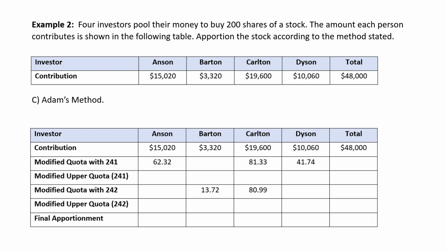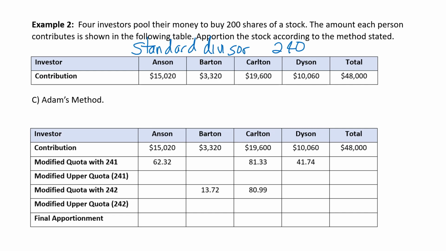Part C, Adams method. Let's remember that the standard divisor we computed as 240. That's our starting point.